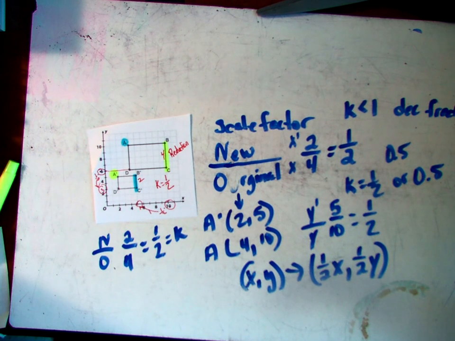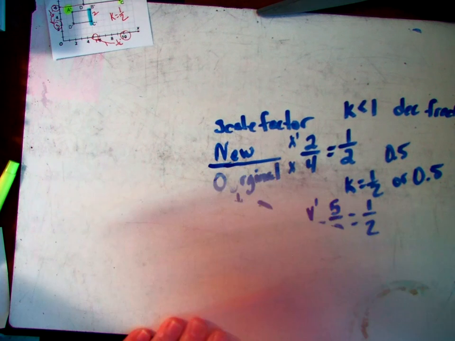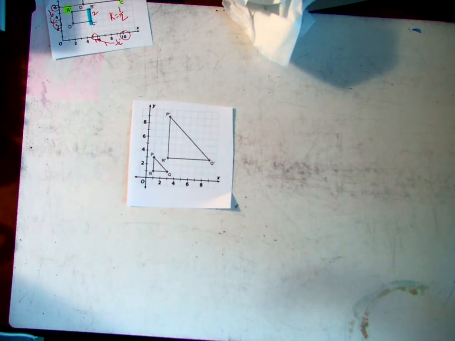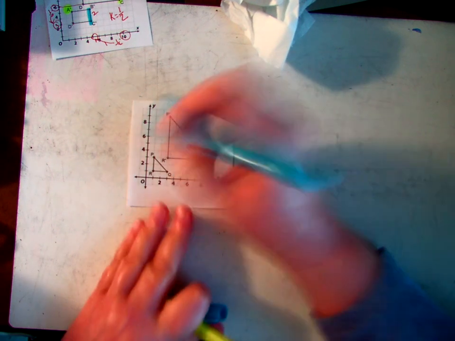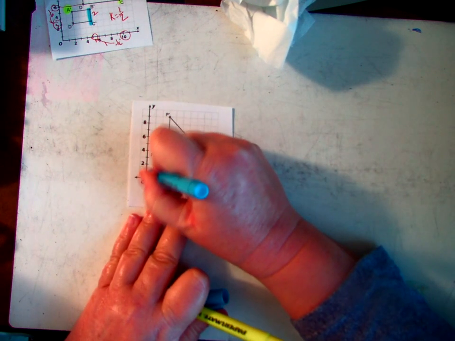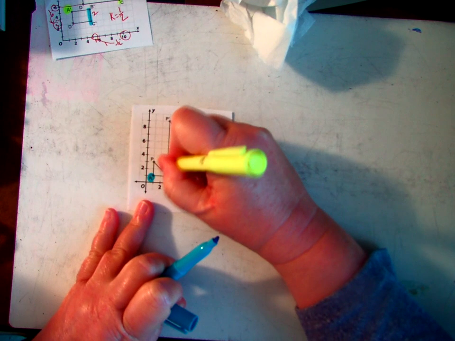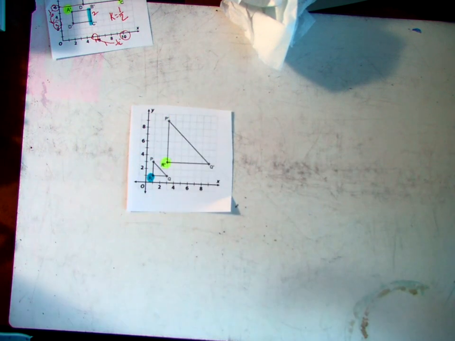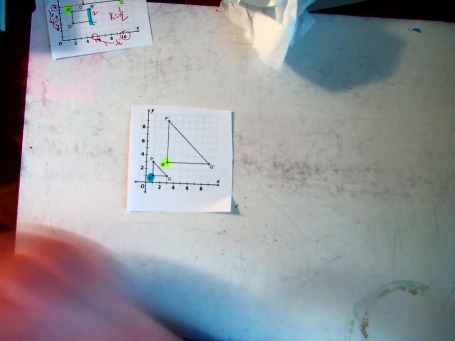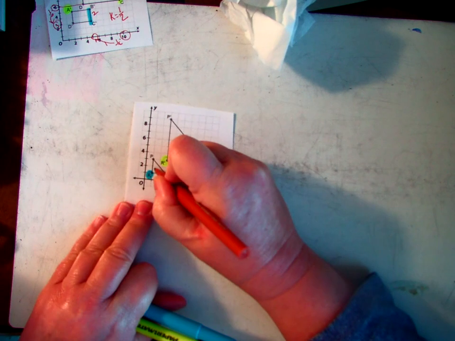Okay, let's look at one more real quick. Okay, identifying my original, let's do R. My original R, my new R. Looking at the object, I can see that this one started out small.